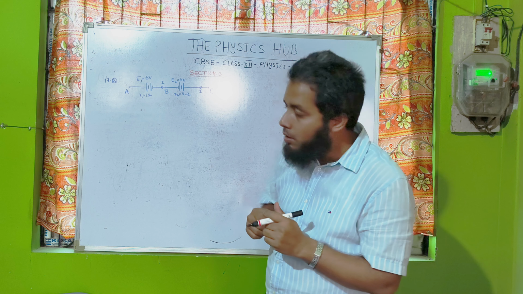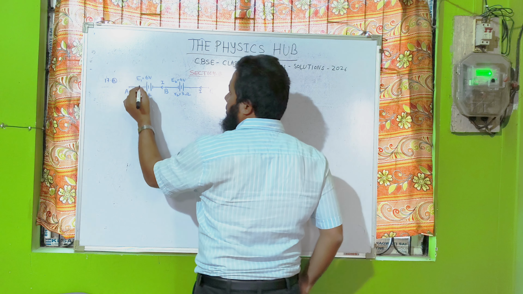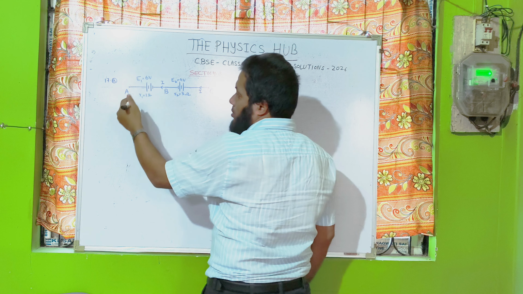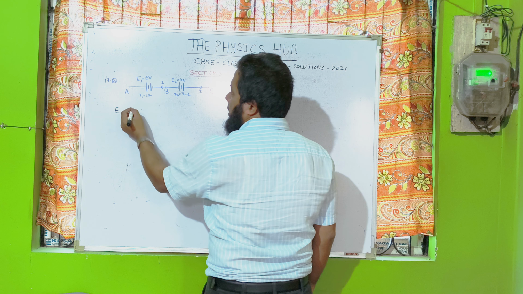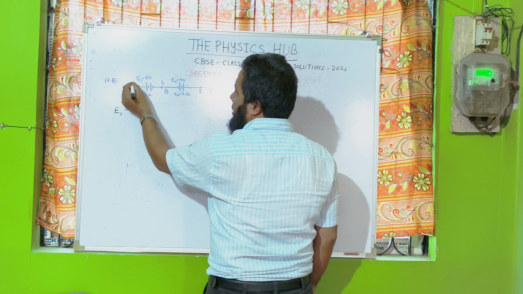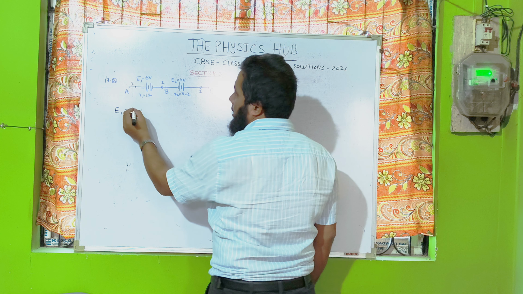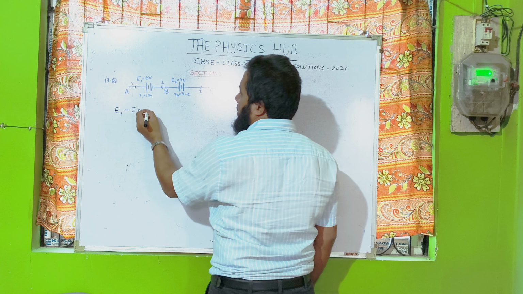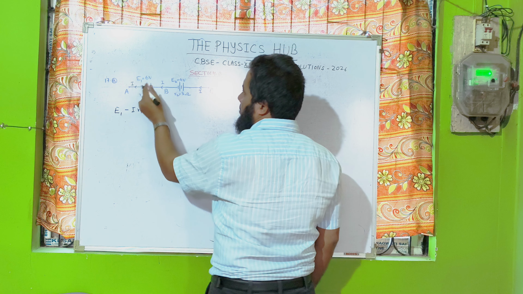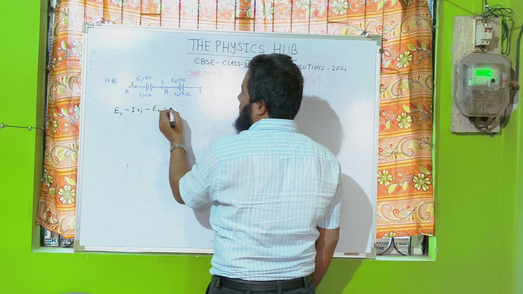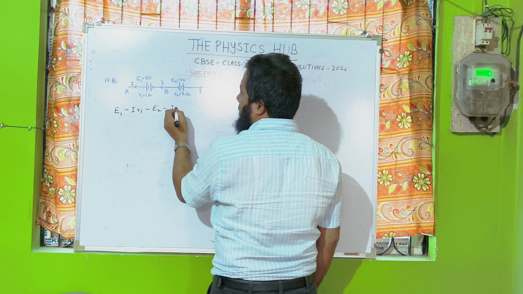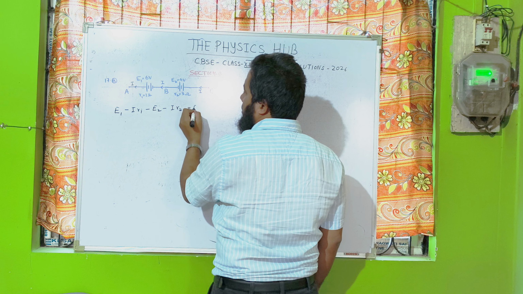First of all you see one thing, we begin from the higher volt. E1 minus I R1, say the current is I, current I flows in this line. E1 minus I into R1 minus E2, because they are opposite, minus I into R2, is equal to 0.